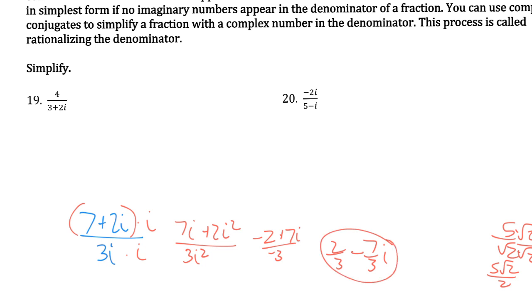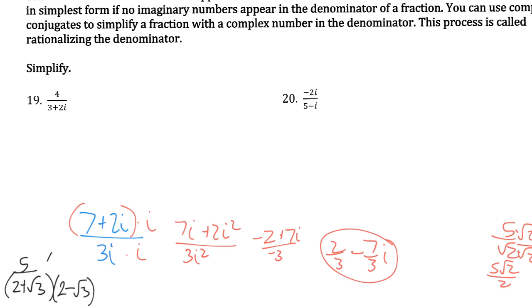So the next question would be, if you've got multiple terms in the denominator, and you've done this with radicals, you've got to multiply top and bottom by the conjugate. Maybe you haven't done it in a while, but if you had something like 5 over 2 plus the square root of 3, how you fix that is you multiply by the conjugate of the denominator, which would be 2 minus the square root of 3.